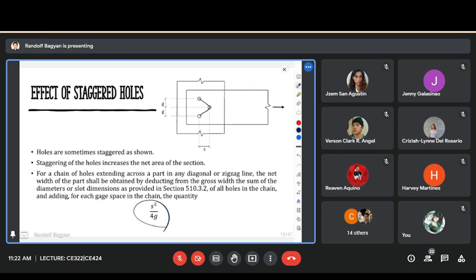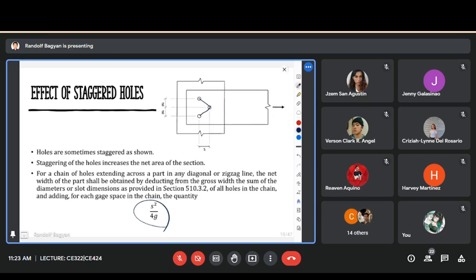Analysis of tension. Okay, teka nga. Zigzag. In this expression, S is the longitudinal spacing or what we call pitch. Okay? Ito, class, ay dagdag natin.